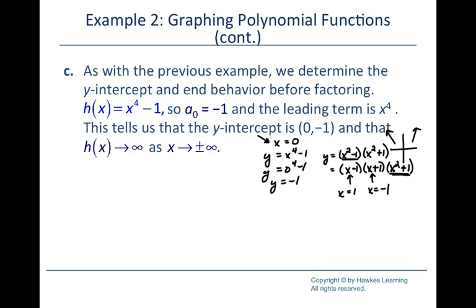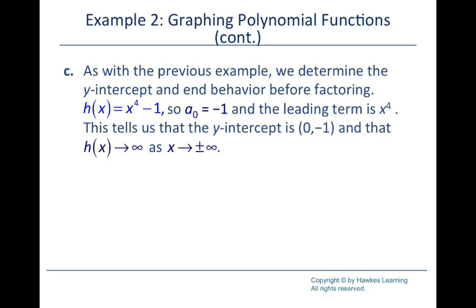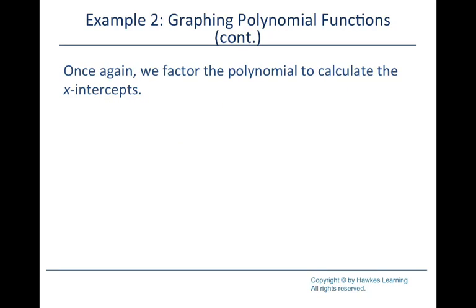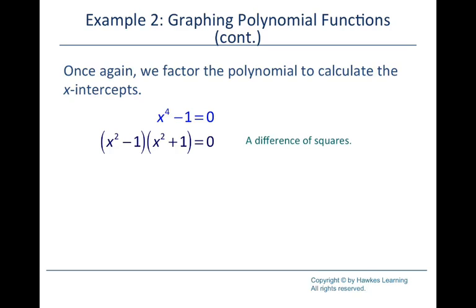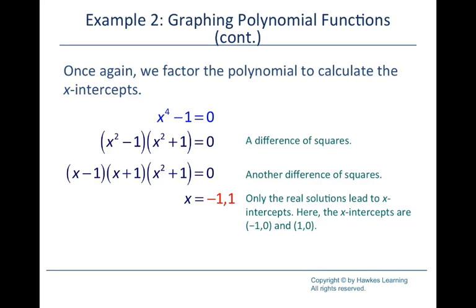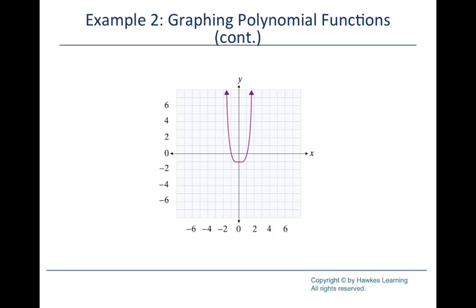So let's go on now. We've got 3 points: 2 x-intercepts and a y-intercept. And let's look at our graph. We know our end behavior is up on both sides. We factored both our differences of squares. And notice it's the x to the 4th.